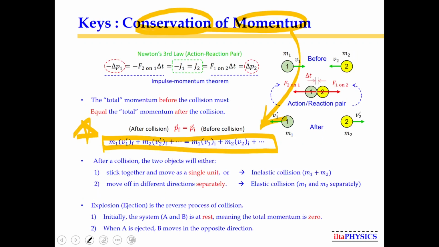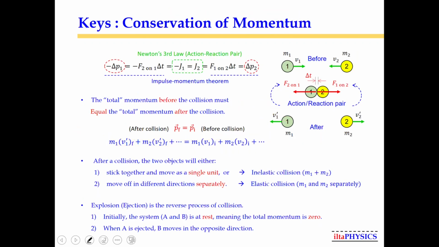When objects collide, there are a few things to consider to apply the conservation of momentum correctly. Generally, after two objects collide, they either stick together and move as one mass, or they move separately as two individual objects, like in the diagram on the right. Depending on these two cases, the way we calculate the mass after the collision changes.